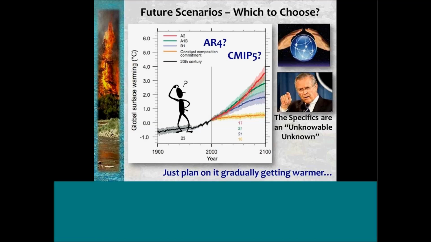Since then, the CMIP5 stuff has come along, and there's not going to be a shortage of future projections anytime soon. And so, rather than trying to keep up with that game, and every time new future projections come out, us scrambling to make new stream temperature projections, we've just kind of pulled back and looked at all the things that are out there.